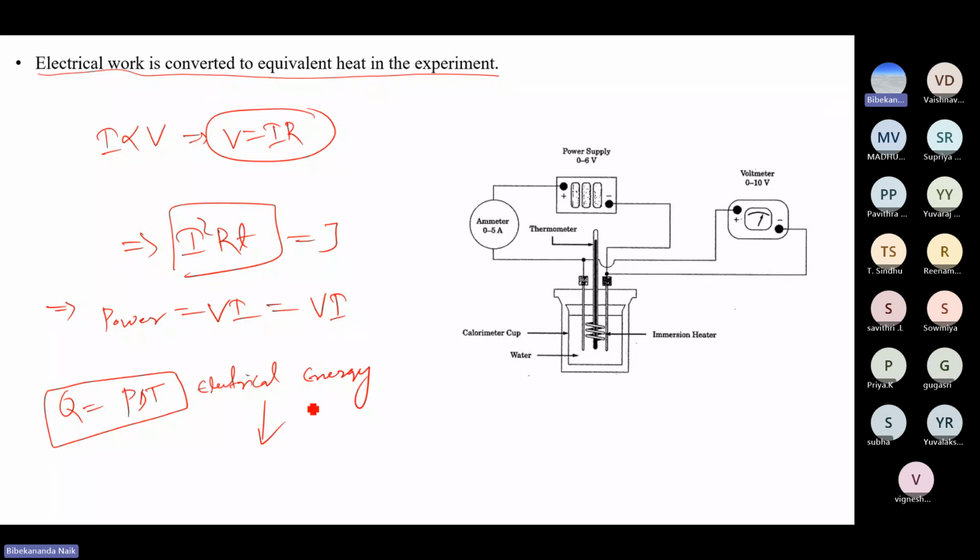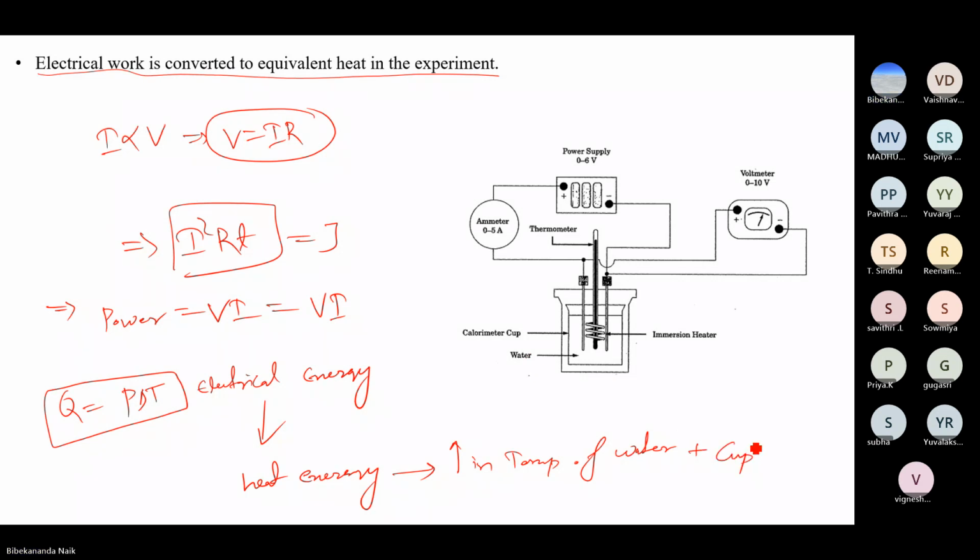Now this electrical energy is converted into heat energy. So this heat energy gives rise to an increase in temperature of this water and the calorimeter. Here this is the calorimeter cup. So this water and the cup.